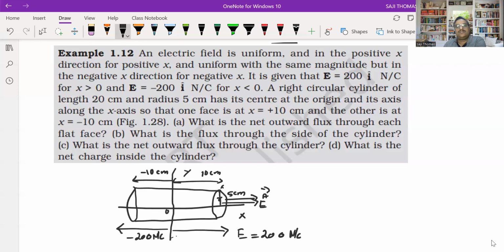So what is the flux through each flat face? The flux equation is E into area into cos theta, E into area into cos 0.